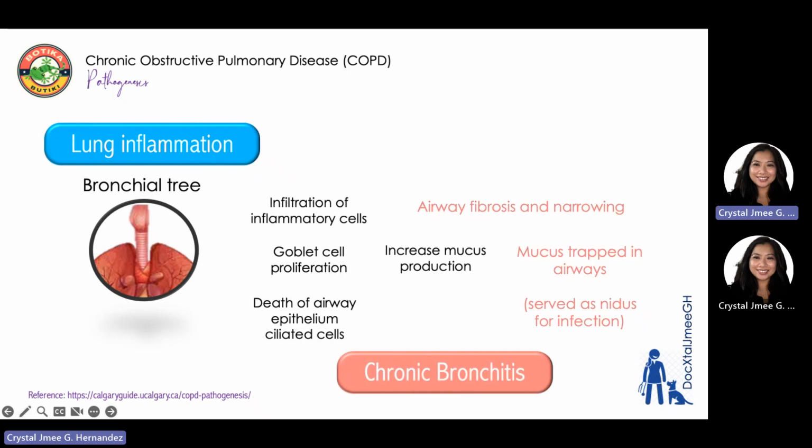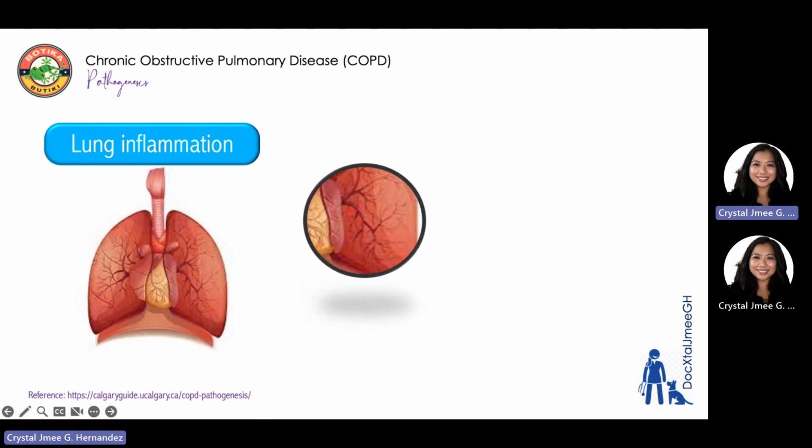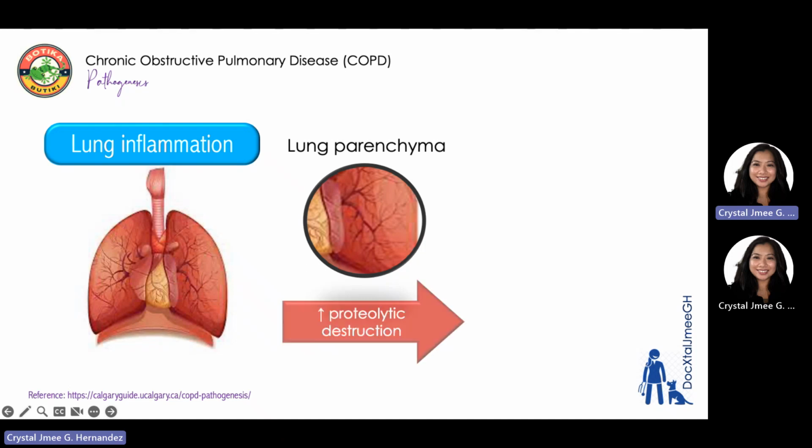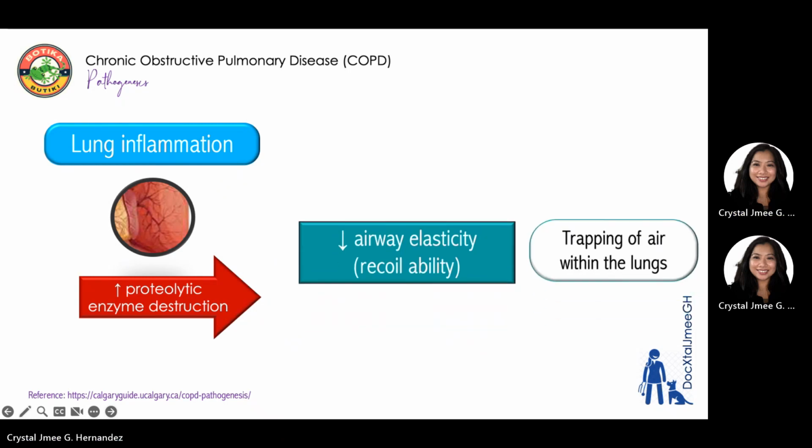On the other hand, if the lung inflammation focuses on the lung parenchyma, and there is increased proteolytic destruction in the lung parenchyma, the following will occur. There will be decreased airway elasticity or recoilability. This will lead to trapping of air within the lungs.